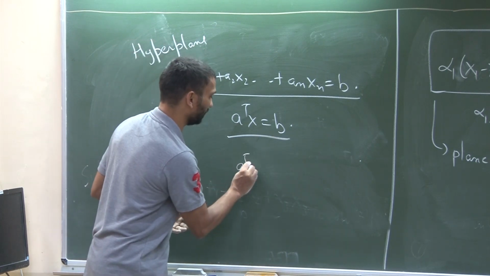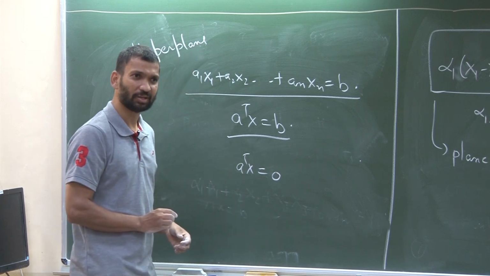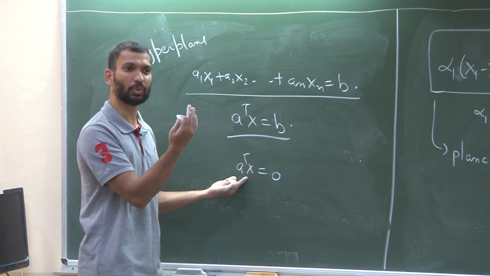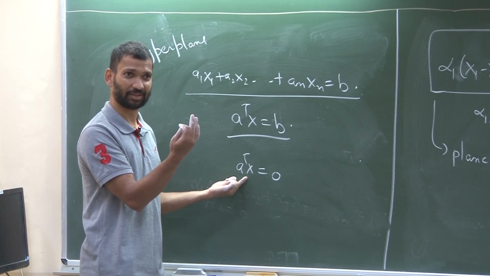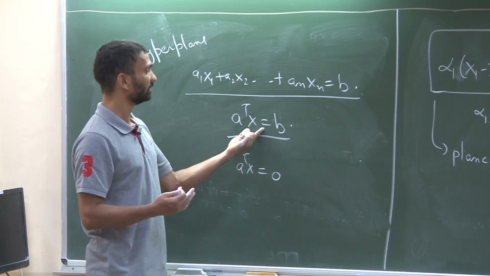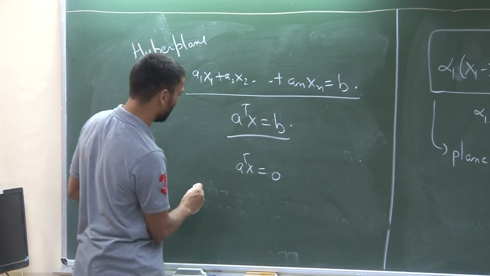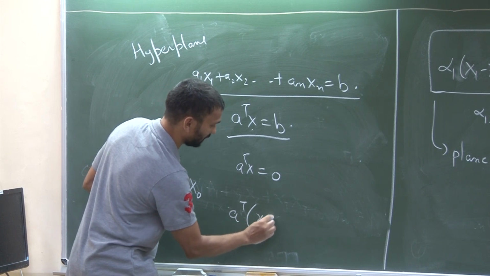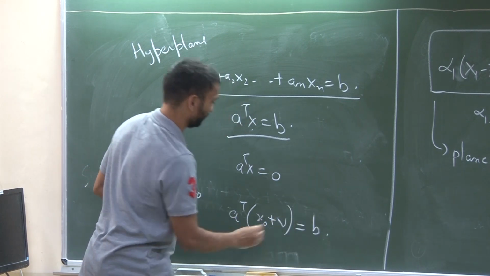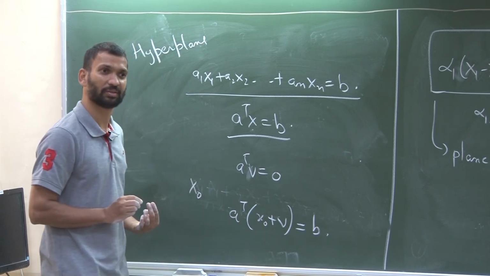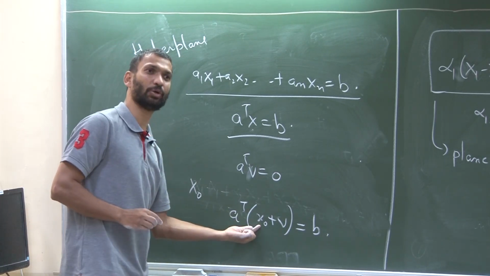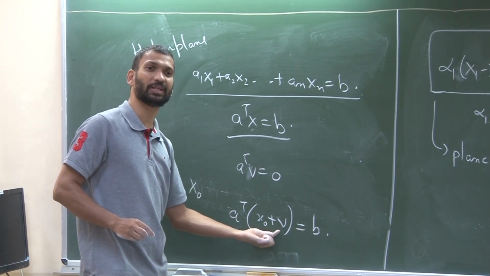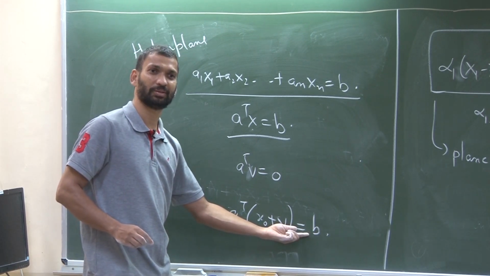Now again, this would have been easy. What is this? These are the things which are perpendicular to A. Let's say x0 is a point in this. You have an x0, an offset, and A transpose x0 will give you B. You can add any V to it such that A transpose V equals 0.